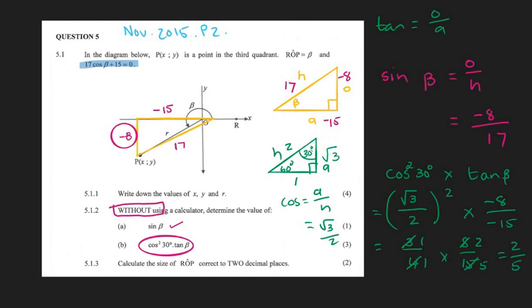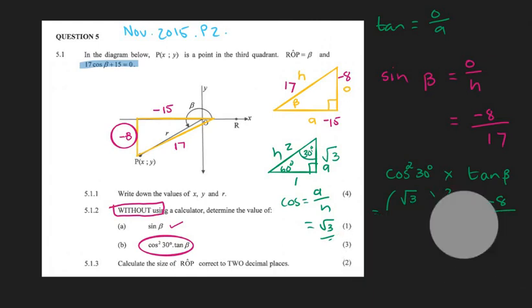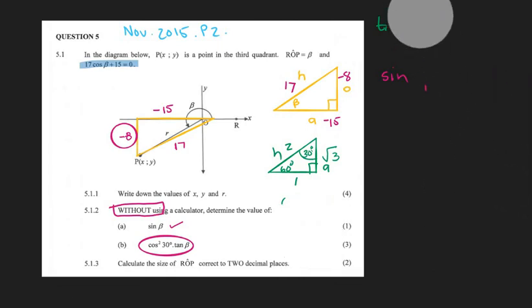Alright, now for our last one here. Okay, we have to calculate ROP, which is now this whole angle there, which is actually beta. Now what do we see?